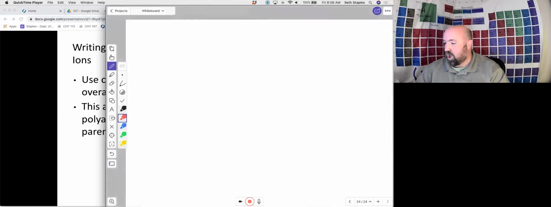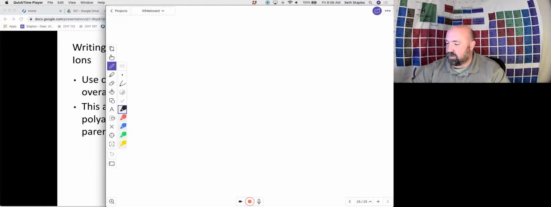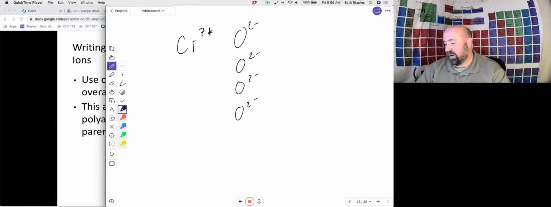Let's look at a much more complicated example. Chromium can form a 7+ charge. Oxygen with its 2-. So if we go through our whole entire process, okay, we need another 2-, we still don't have it, another 2-, we still don't have it, another 2-, now we're at 8. Now we need another 7+. Now that brings us to 14.